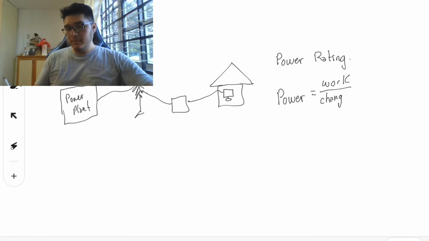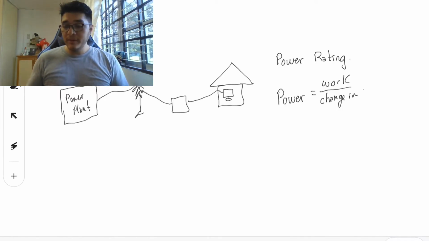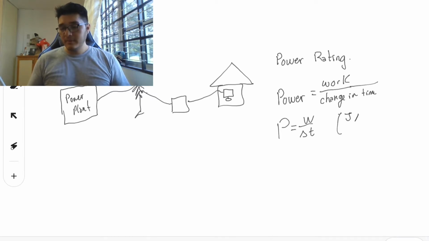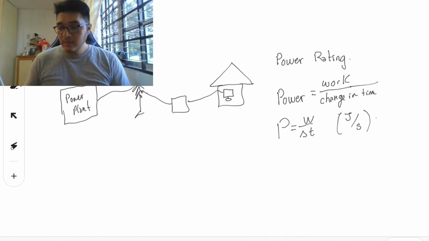Power is going to be the work over the change in time. And how do we measure work? In joules, and the change in time in seconds. Joules per second is the units of what?